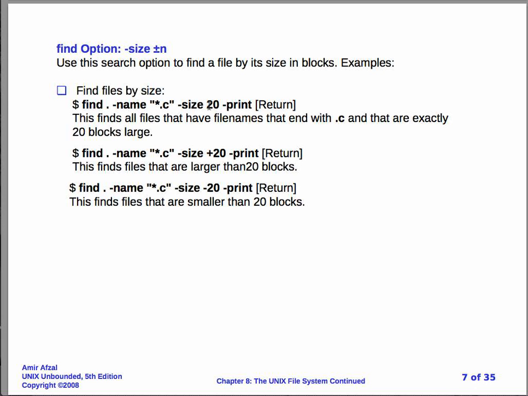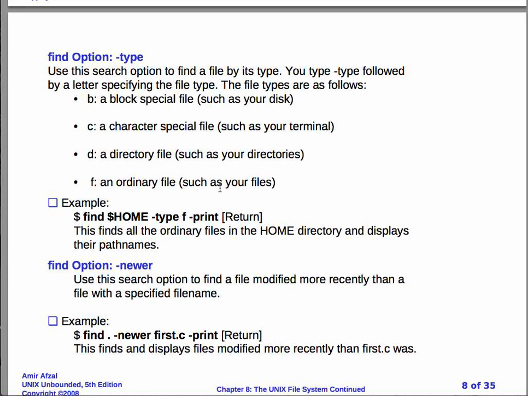And then print it. You don't need the -print. You can also search for files that are at least 20 blocks large, or all files, if you say -20, that are 20 or smaller. Okay, hope that makes sense.